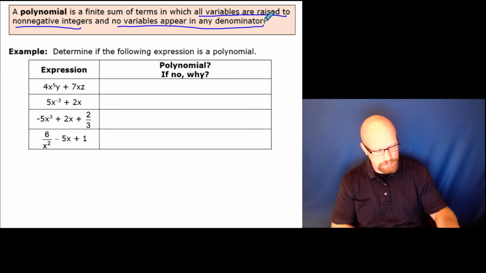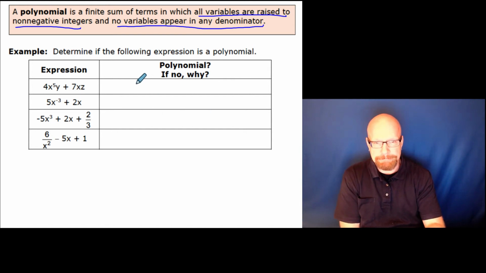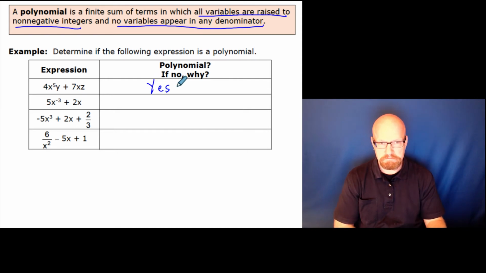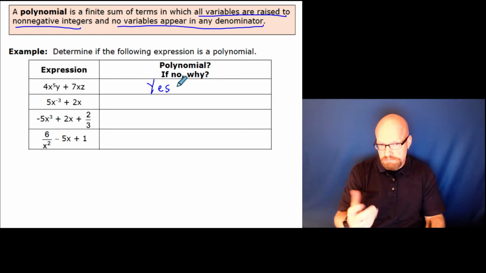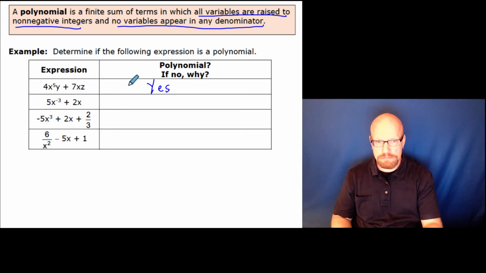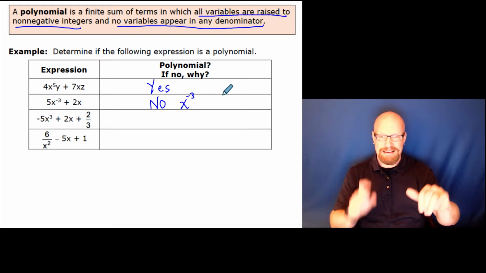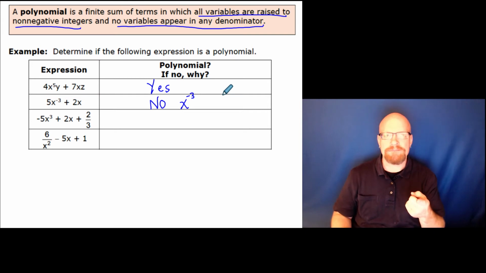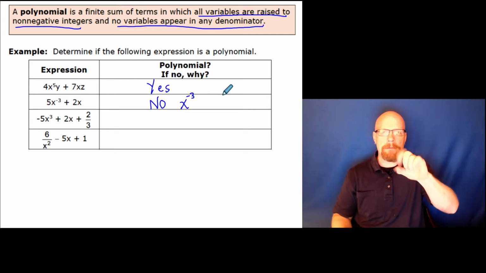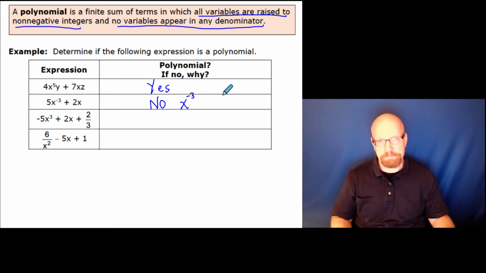Now we're going to determine if these things are polynomials or not. Yes, this qualifies as a polynomial. Where x to the -3 is not, it disqualifies this as a polynomial. We cannot call this a polynomial.